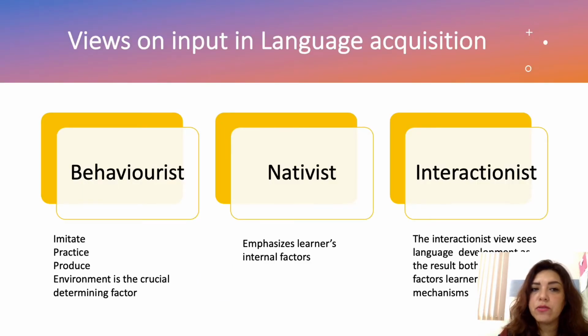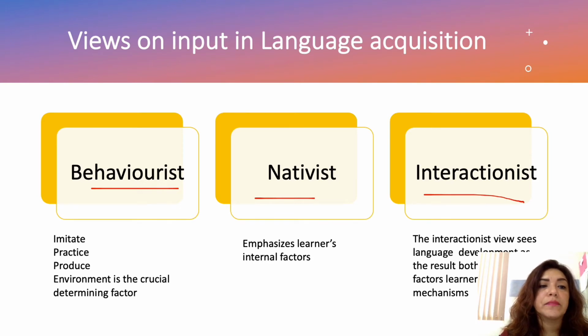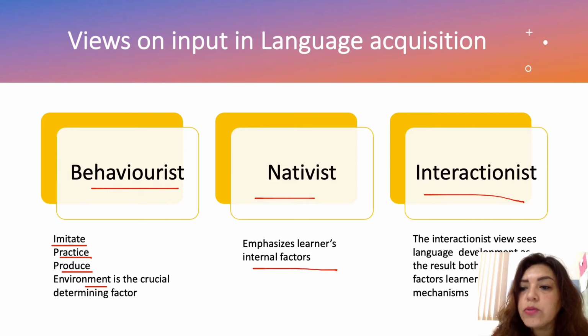There are 3 views on input in language acquisition: behaviorist, nativist, and interactionist. The behaviorist view focuses on imitate, practice, produce, and here the environment is the crucial determining factor. Nativists emphasize learner internal factors, and the interactionist view sees language development as the result of both input factors and learners' innate mechanisms.